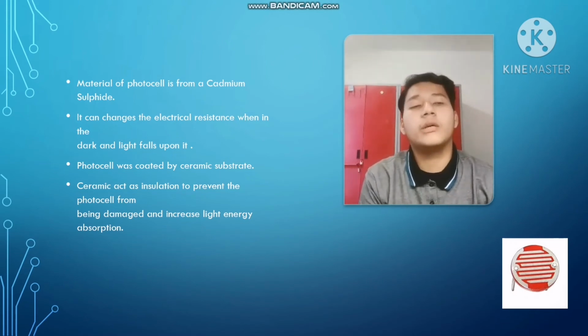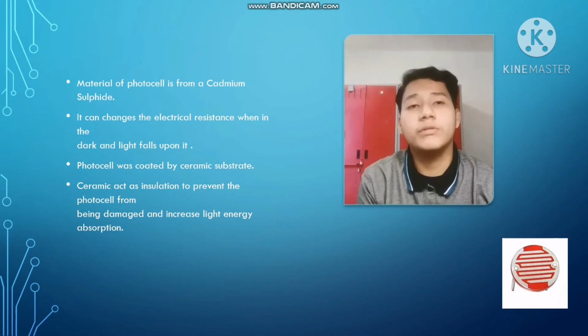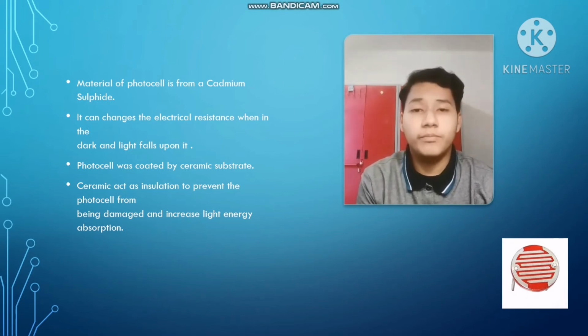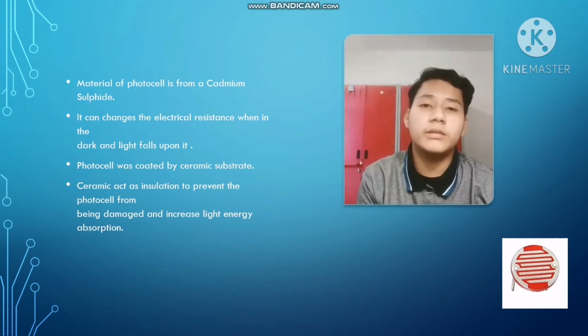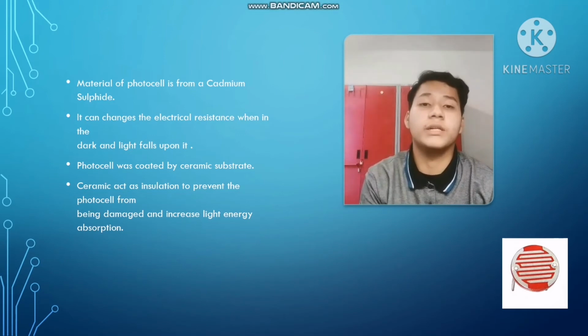But when the surrounding becomes bright, the resistance becomes high and less electric current can flow across the photocell.